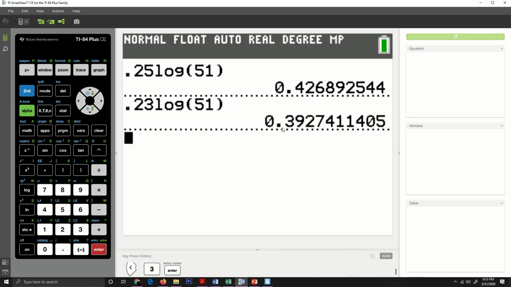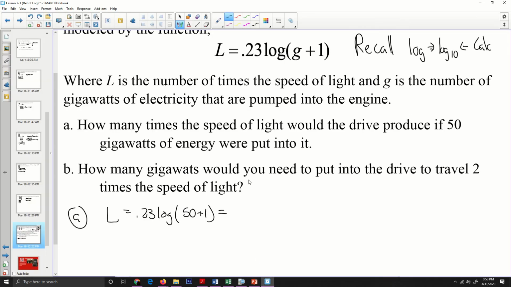And we would say that it is 0.393, and L is times the speed of light. All right, now 0.393 times the speed of light means that they're actually going slower than the speed of light. If I got 1.0, that would be 1 times the speed of light, or actually the speed of light.